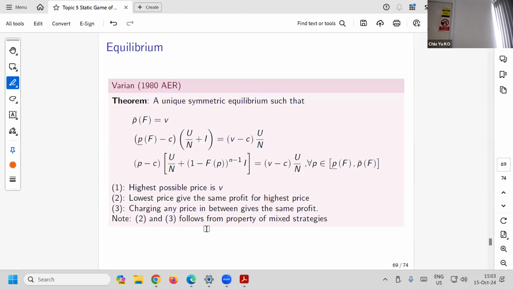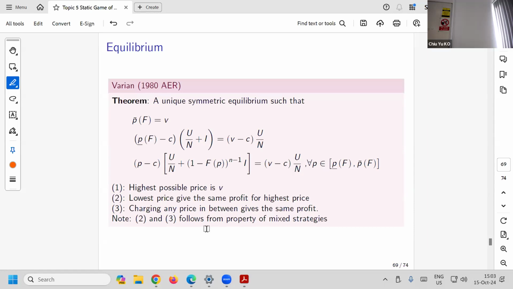So that explains why firms, say supermarkets, each week do discounts, right? And what they discount is different. And the magnitude is also different as well. Well, because besides you, there are the N minus 1 firms.